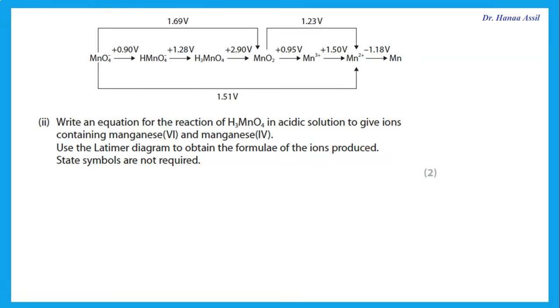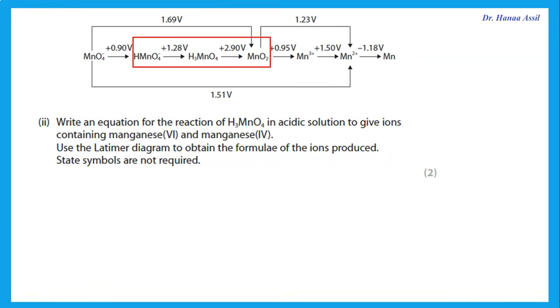Write an equation for the reaction of H3MnO4 in acidic solution to give ions containing manganese 6 and manganese 4. So we're starting with H3MnO4. Looking at that, on going to the left, it gives HMnO4 minus, which is manganese in the +6 oxidation state.